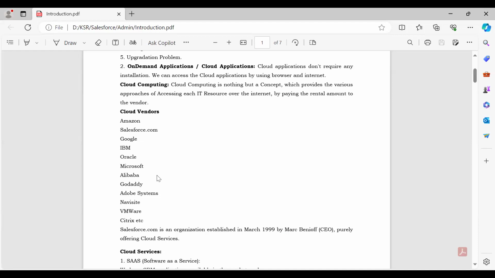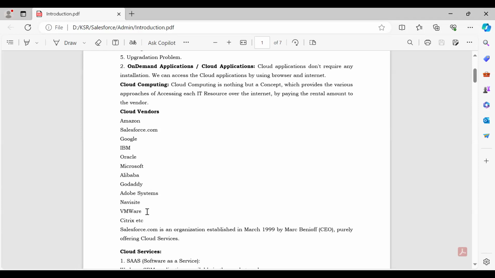Like this, we have got so many IT vendors, out of which Salesforce is also a cloud vendor, who is offering various products to their customers. And whatever the products that are offered by Salesforce to their customers, they are purely cloud applications only. They are not at all offering any on-premise applications to their customers. Till now, whatever the products they have offered, all are purely cloud applications.